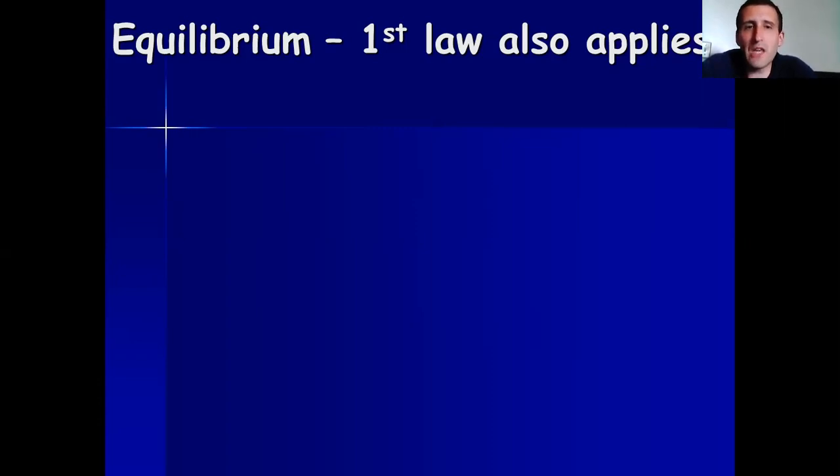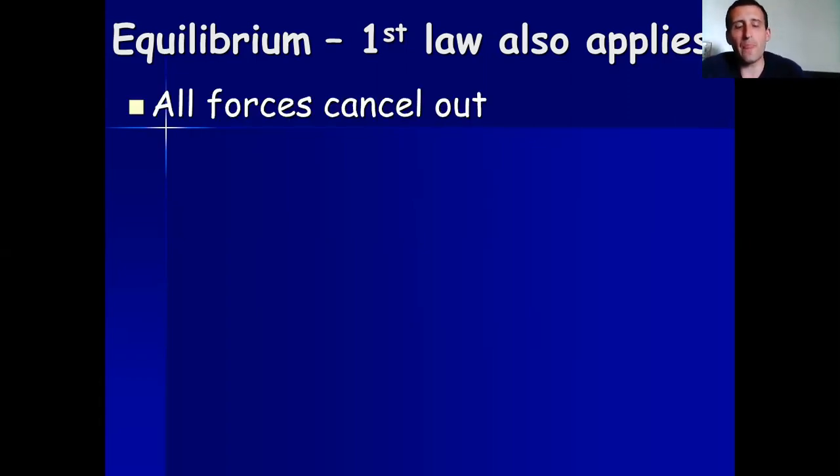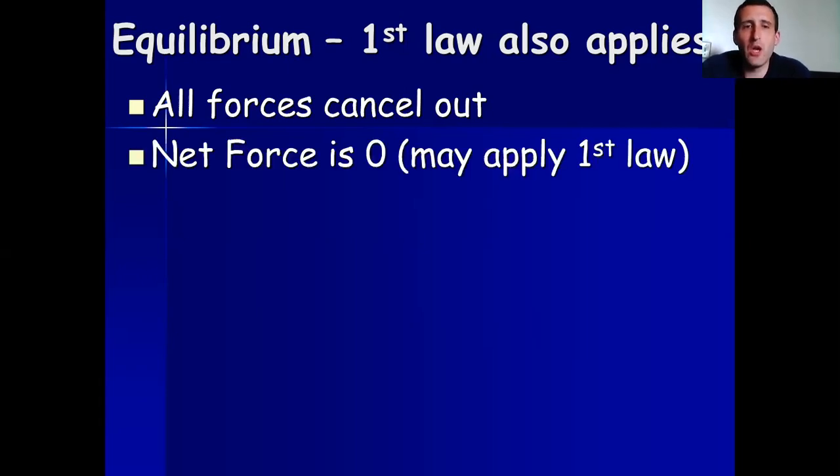But we get lots of cases here on Earth where we have more than one force present, and because they cancel each other out, we continue to follow the first law. And that's what equilibrium means in a force context: all the present forces cancel one another out completely, and so there is no total force. There's no what we call the net force.